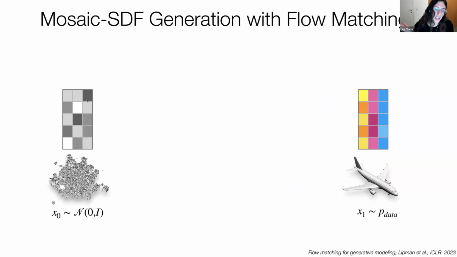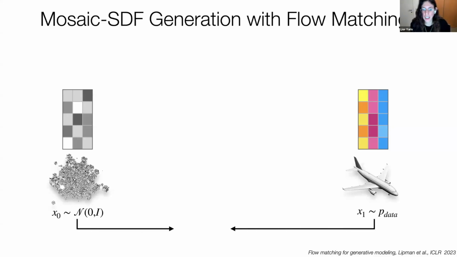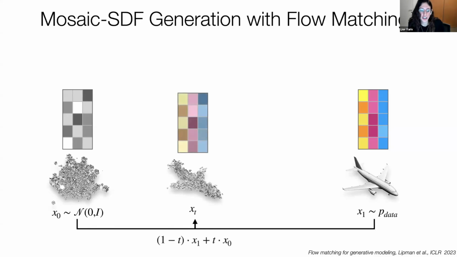Think of just a Gaussian noise, which is in the same tensor shape as our M-SDF representation. And you see at the beginning, it just looks like something noisy because the points are sampled around the space, and also each one of the volumes doesn't really make sense. And again, we can look at intermediate steps.